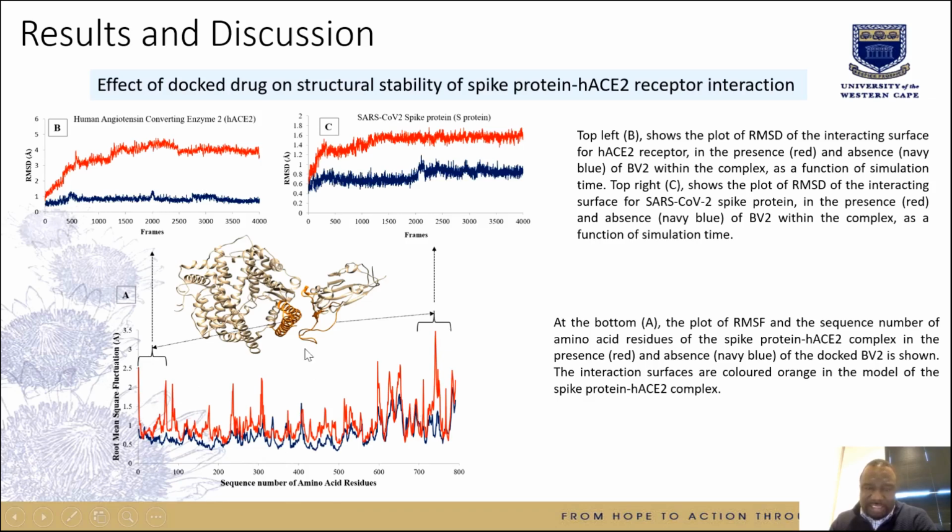So I highlighted the interacting surface here. You can see the residues on that interacting surface showing a lot of fluctuation in the presence of the DUCT drug.